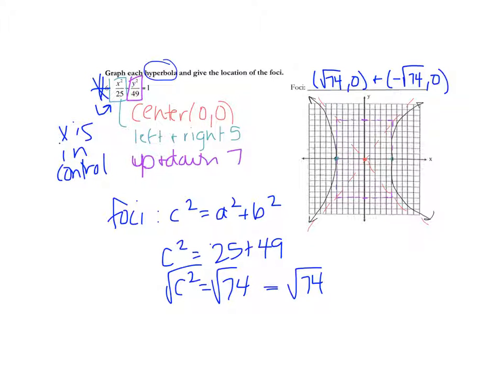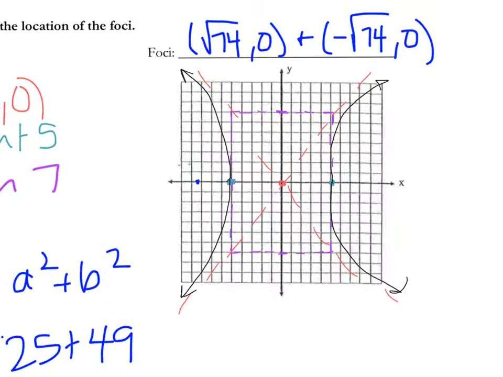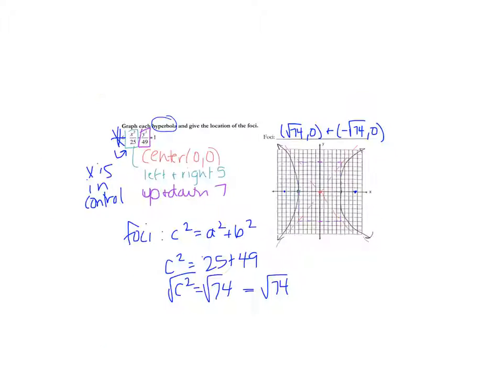And then if we go to graph those, the square root of 74 is like 8.4-ish. So it's going to be over 1, 2, 3, 4, 5, 6, 7, 8, and a little bit. And then over to the right, that same amount. And those are going to be where our focus points are.